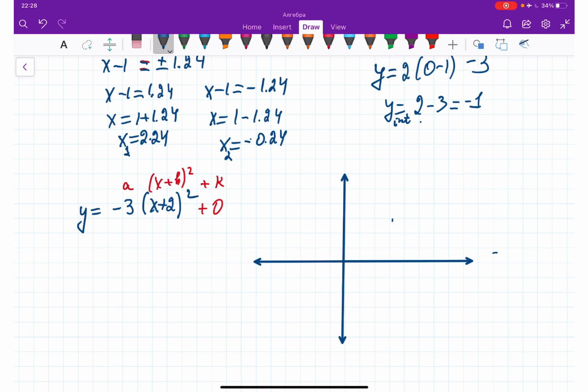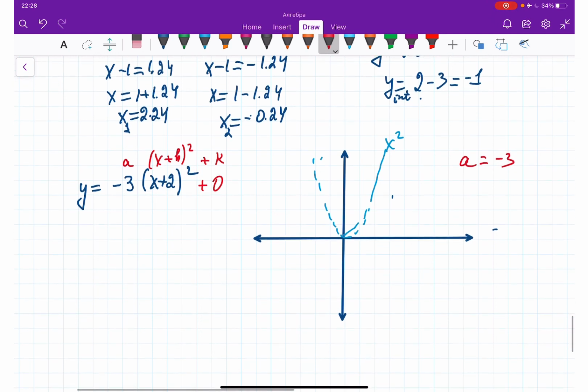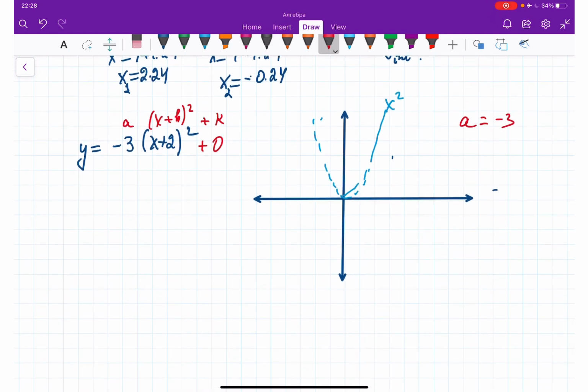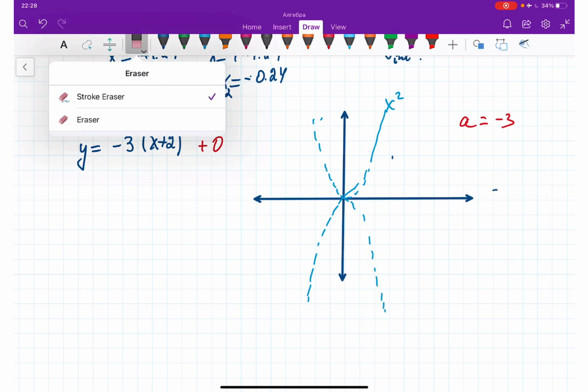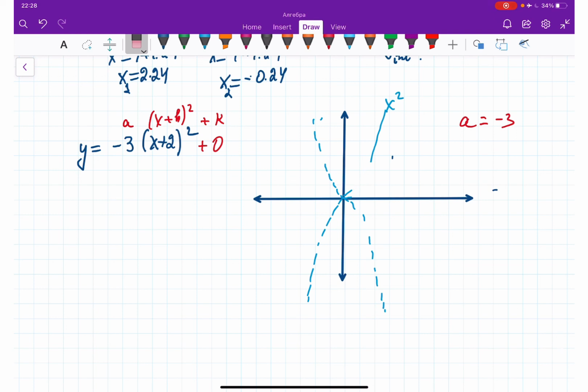So we start with x squared. Now our a is negative, right? a is equal to negative 3, which means I have to flip it down to get the negative 3. So if I flip it down, that will be my negative x squared.